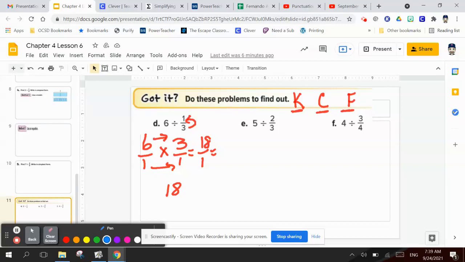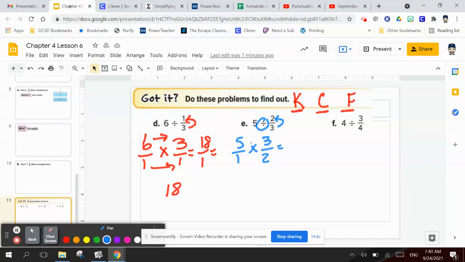Pause the video and try E and F on your own. Letter E, we're going to keep our first fraction the same, so it's 5 over 1. We're going to change the sign from divide to multiply. And then we're going to flip our second fraction. So we have 2/3, which is now 3 over 2.